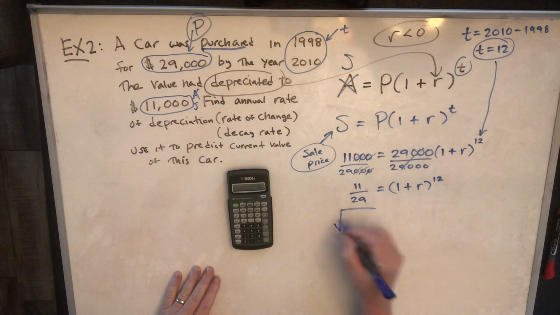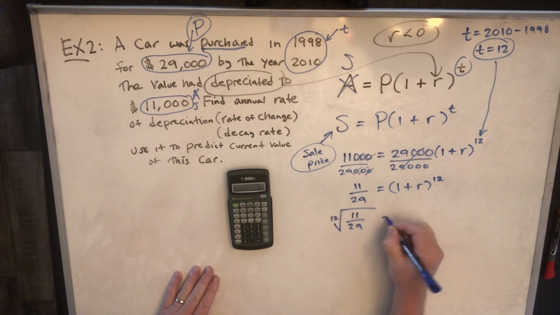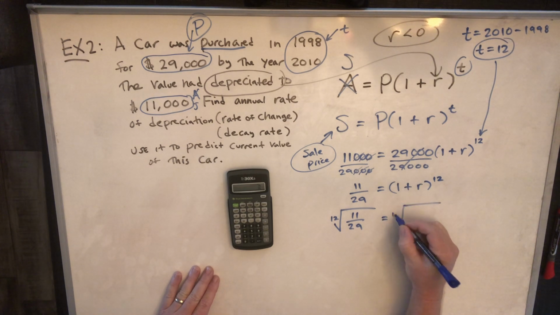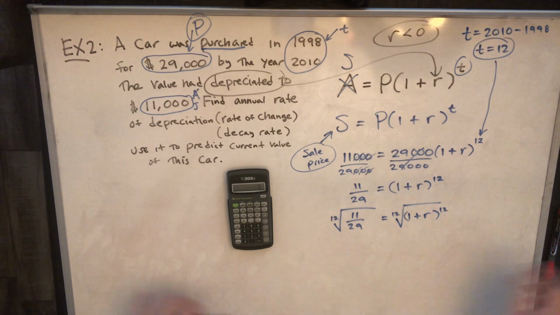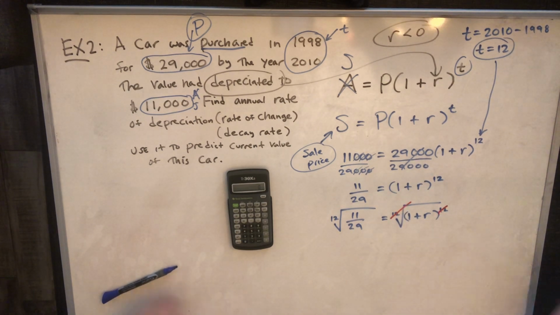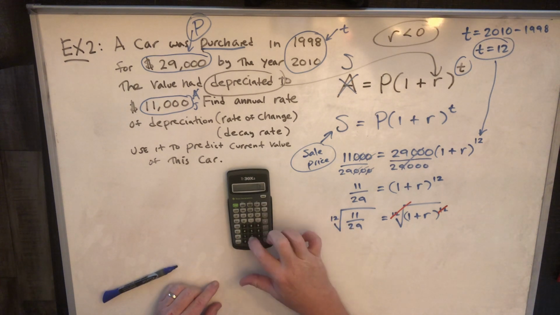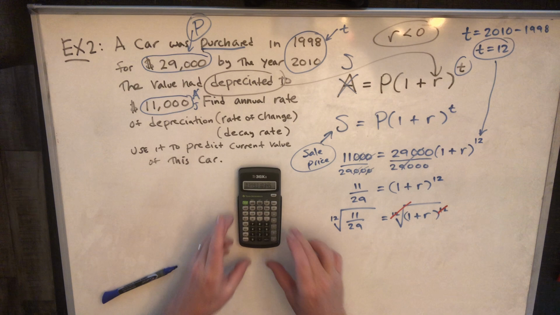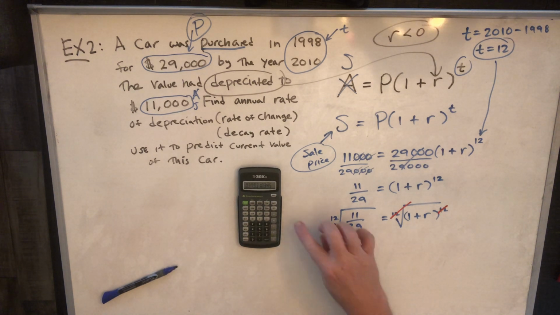So now we're going to take the 12th root of both sides. Let's see, so we have 11 divided by 29. And then we're going to take the 12th root.